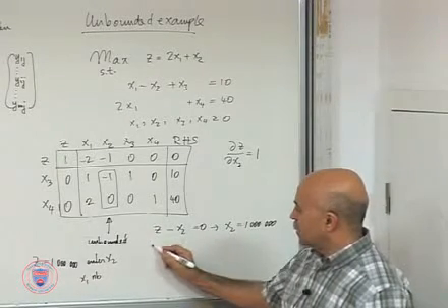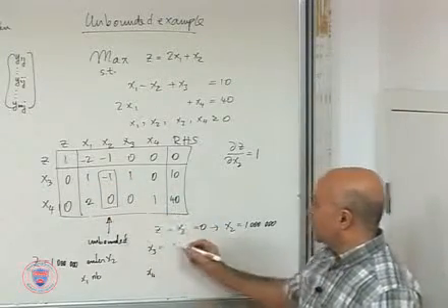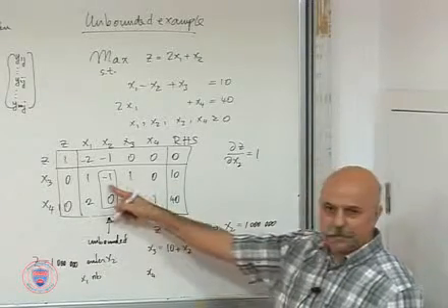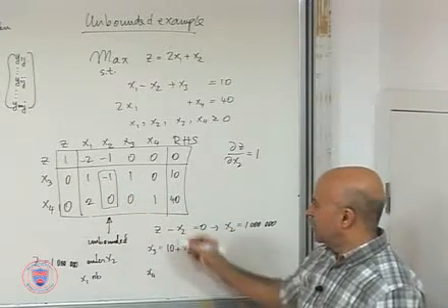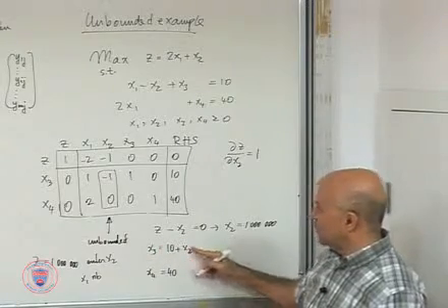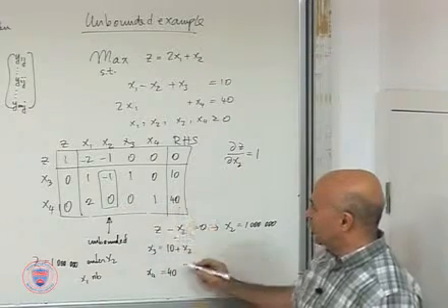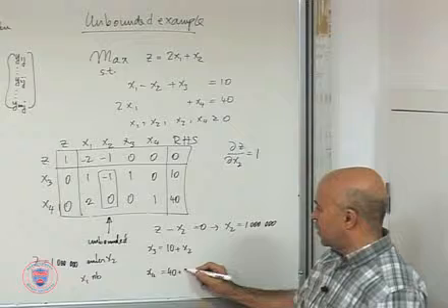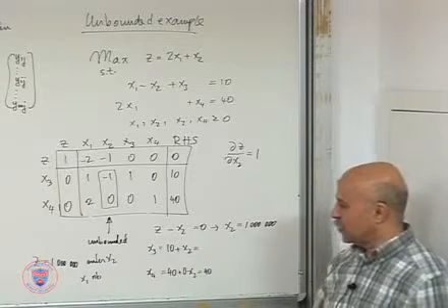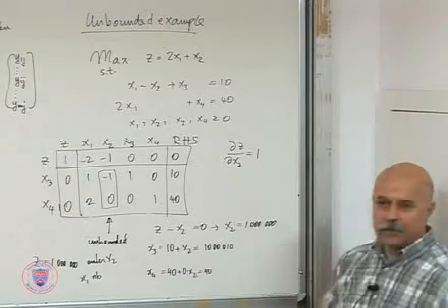And then x3 and x4 are dependent on x2. x3 is equal to 10 plus x2 from here. And the other one is equal to 40 plus 0 times x2, so it won't change. But this one changes, of course. How much will it be? 1 million and 10. That's how much it will be.